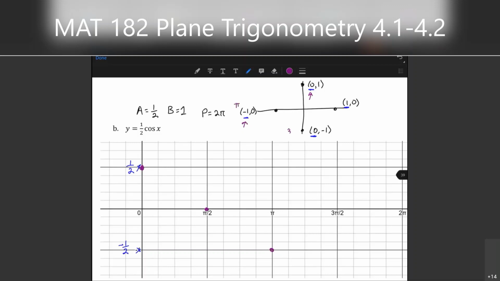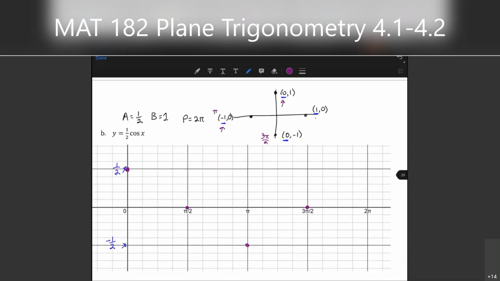And then 3 pi over 2 will give us another 0. And we're going to be back up at 1/2 unit, or the amplitude, by 2 pi. So the shape is definitely different, or it's a shifted shape. And we start at our amplitude and end back at our amplitude for the cosine function.